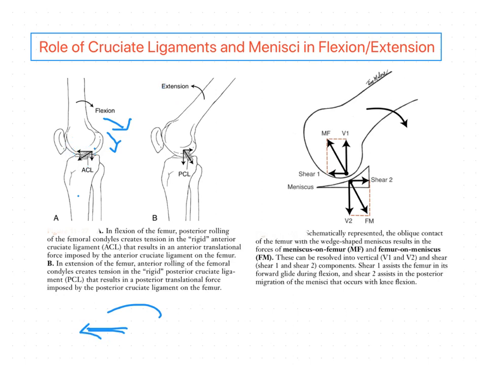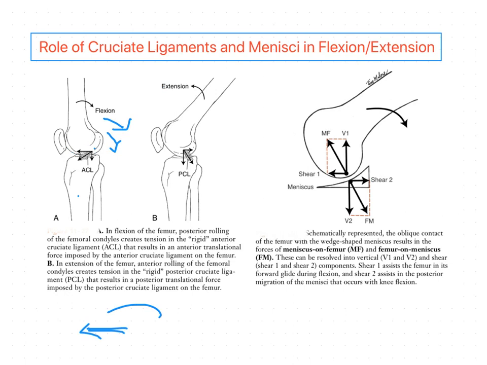Yes, the anterior glide of the femur during weight bearing flexion may be further facilitated by the shape of the menisci also. It also depends upon the shape of the menisci, because the menisci create a circular wedge around the tibial plateaus as the femoral condyles roll posteriorly on the tibial plateau.